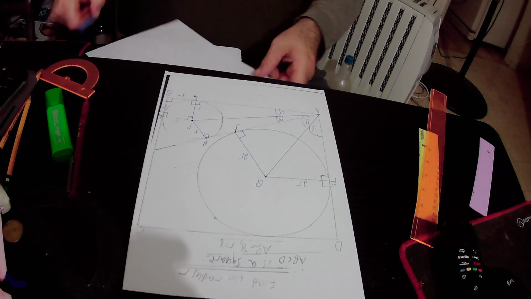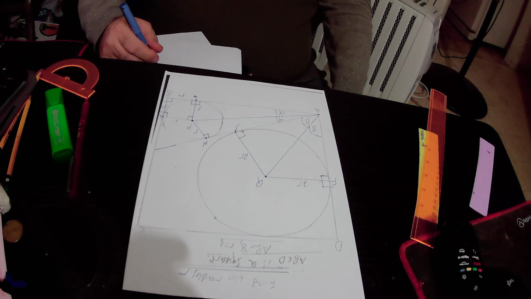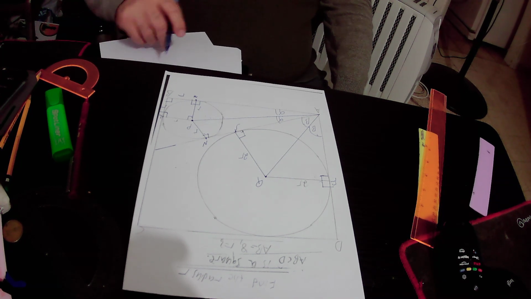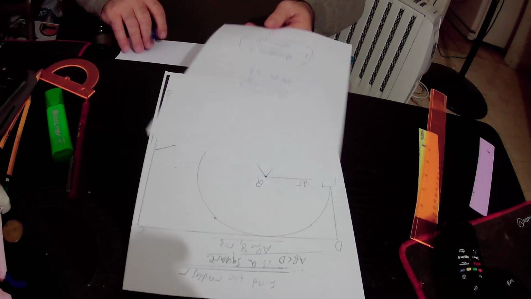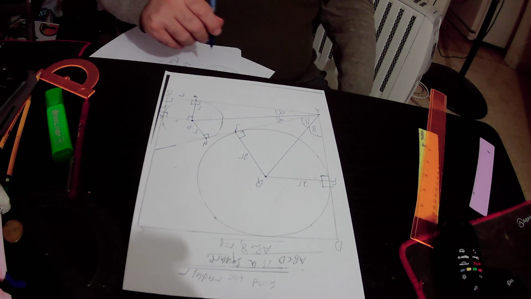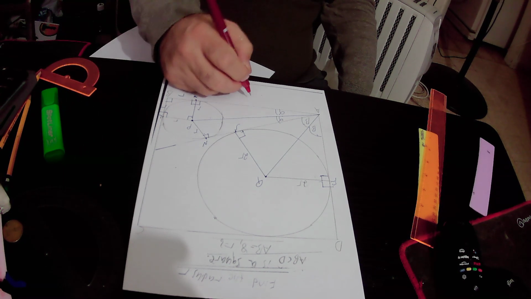AB is actually 8 units, and MB equals the radius of the small circle. So in total we found out that AM equals 8 minus R.